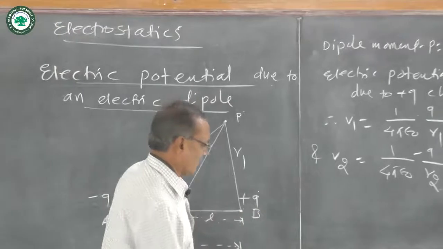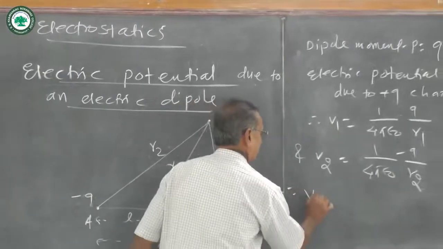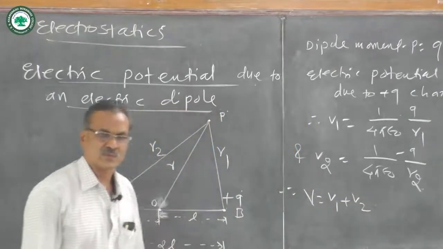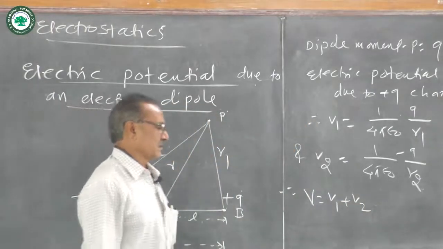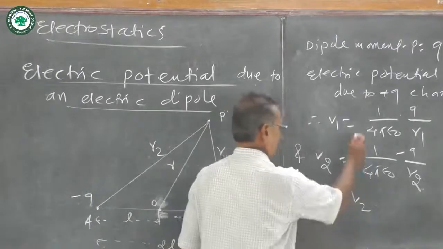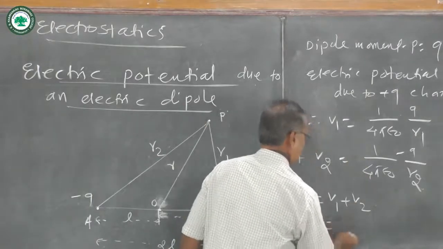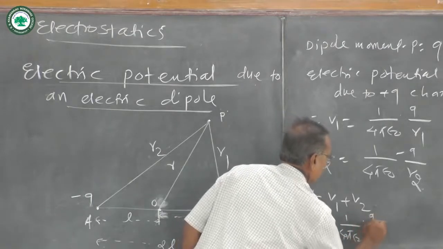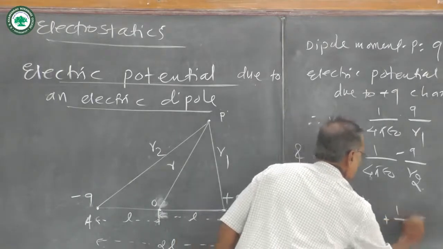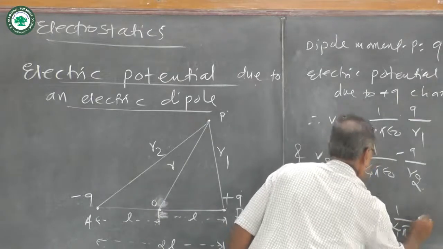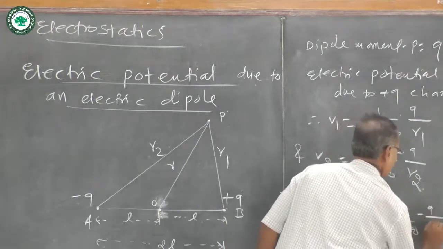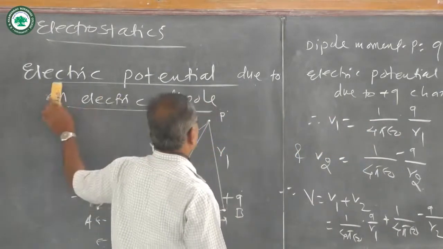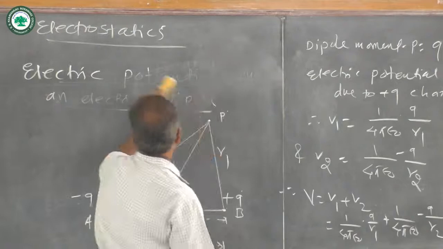So the net potential equals the summation of the potentials due to the dipole charges. Substitute V1 and V2. So phi equals 1 by 4 pi epsilon naught into q by R1 plus 1 upon 4 pi epsilon naught into minus q by R2. Now we have to take the common factors.